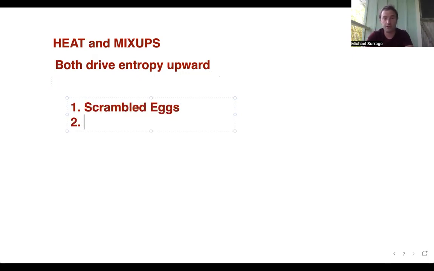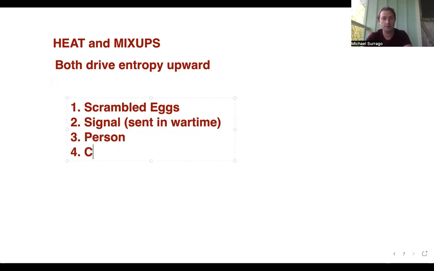So entropy with regards to eggs. Then we're going to talk about entropy with regards to a signal, let's just say sent in wartime, some kind of like Enigma machine thing. And then lastly, we're going to think about entropy in a person and then entropy in a civilization.